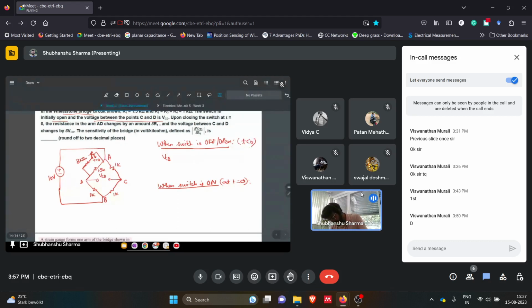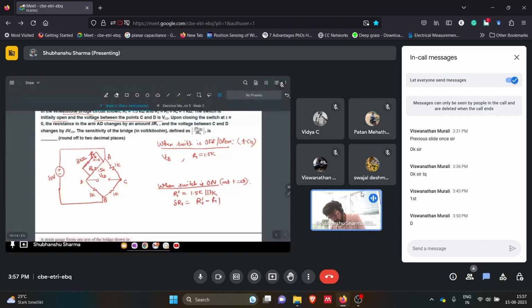So we have a change in resistance. Basically this was R1. Initially R1 was 1.5k. Now R1 prime, the changed R1, will be 1.5k parallel to 3k. So delta R1 will be the modulus of R1 minus R1 prime.